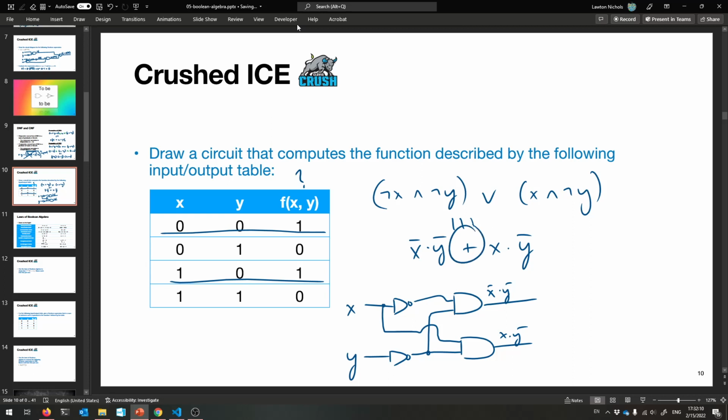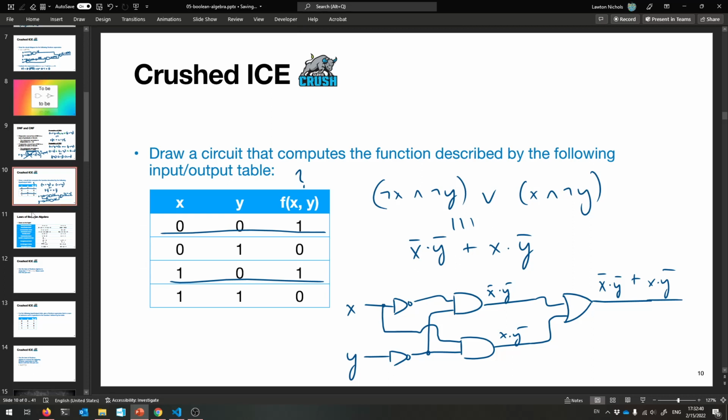And now I want to take both of those and OR them together using an OR gate. So there I am using my OR gate, and now I have the correct output. I have, let's see here, X times Y, both of those barred first, plus X times Y bar. Yay.